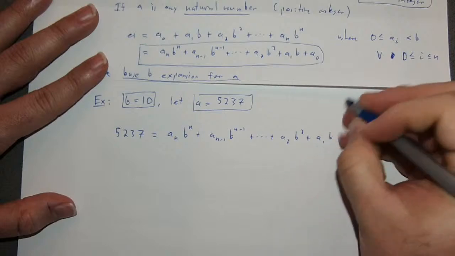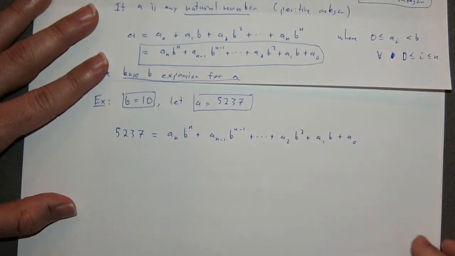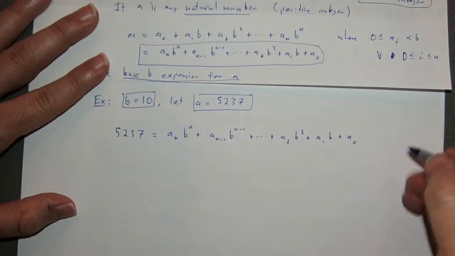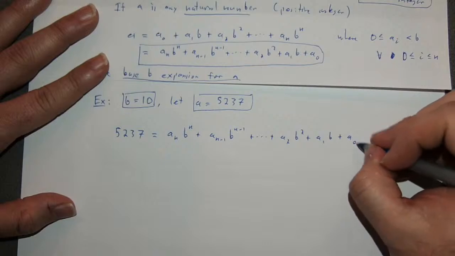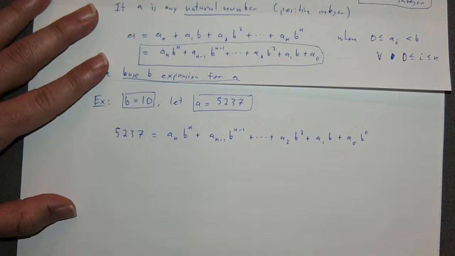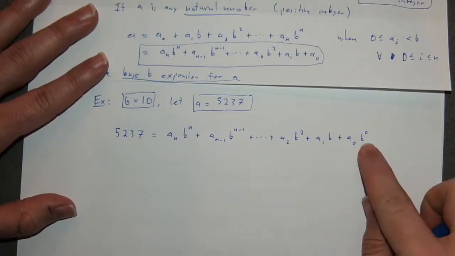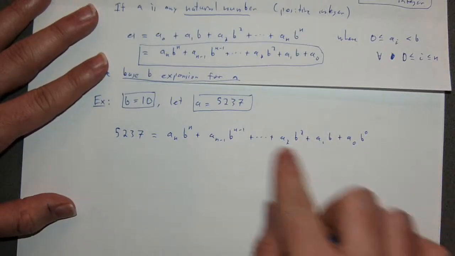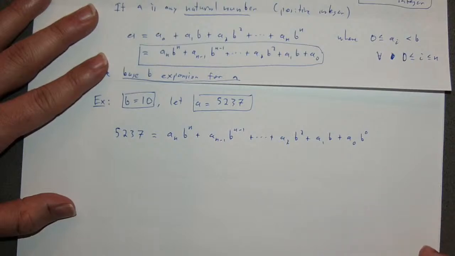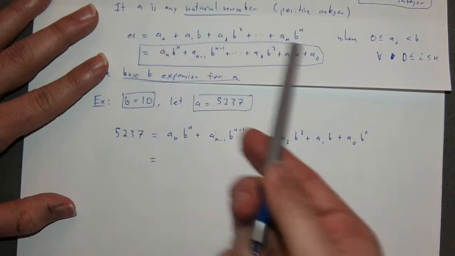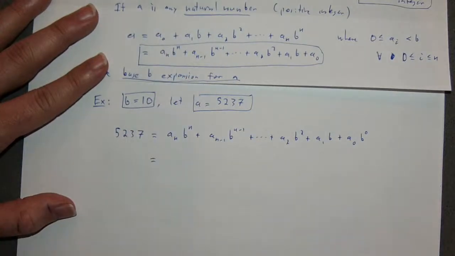Now let's think about what's going on. b is 10, and this a naught times 1 is really a naught b to the 0, since anything to the 0th power is 1. Then there's b to the first, b to the second, and so on. Thinking about it like that, now you see why I wrote it in ascending order. I'm going to write it backwards here.